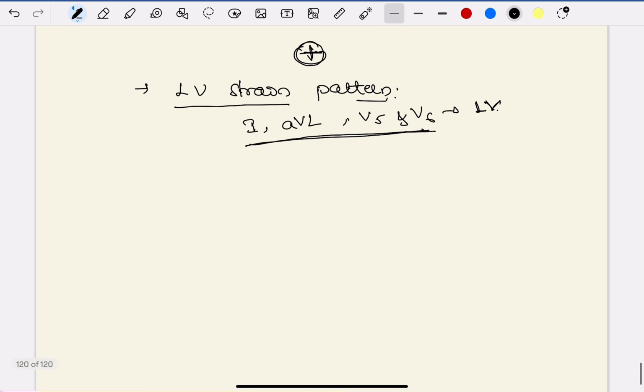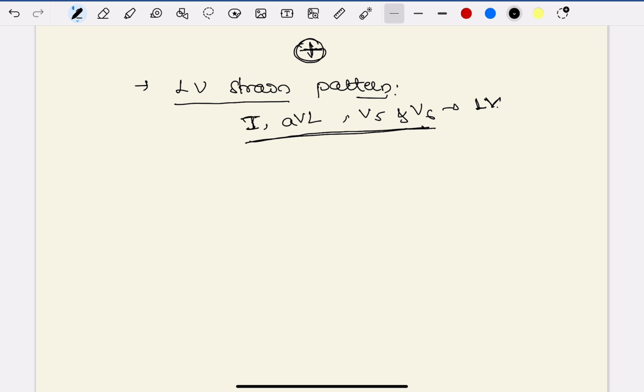So any pathology in these leads suggests there is an LV abnormality. What is this strain pattern? It is ST-T wave changes. What type of ST-T wave changes? There is ST depression. Let me show here. This ST depression is not horizontal depression. It is not upsloping. It is downsloping ST depression.